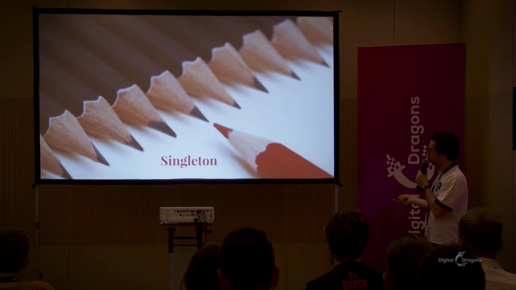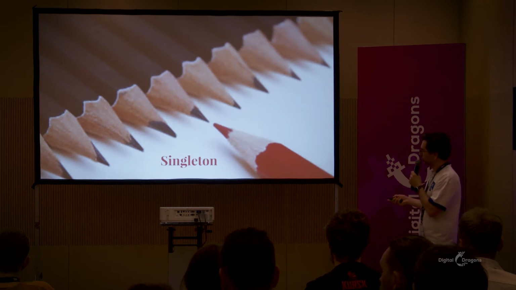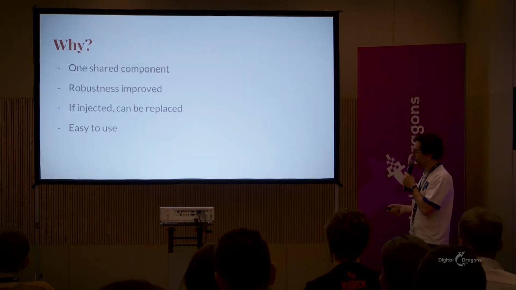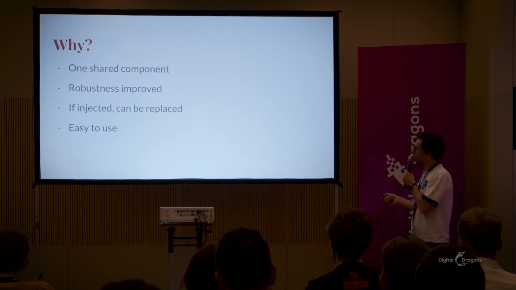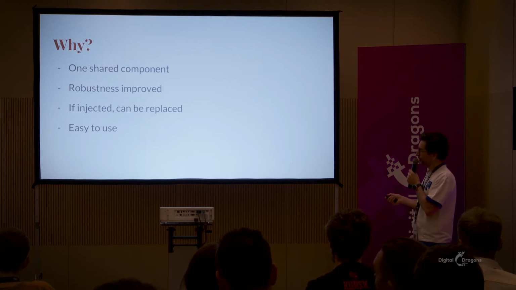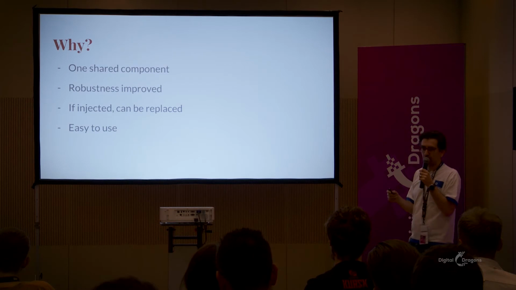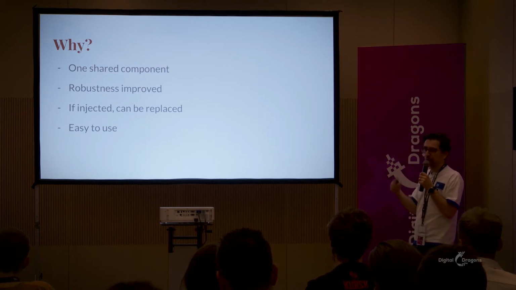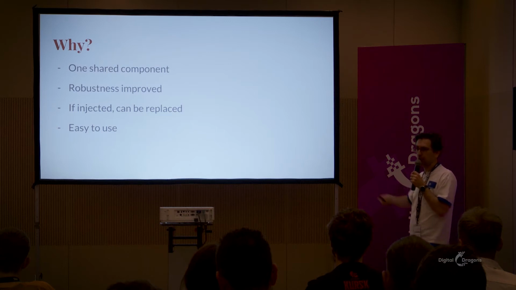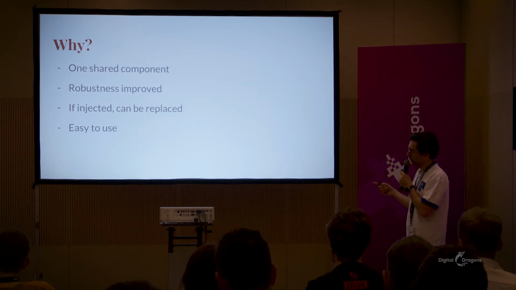So we need to take this into account. It is a very useful pattern to use, because we have one shared component. The robustness is improved because everyone is going to use only one component. So this one component will be very useful for everyone.